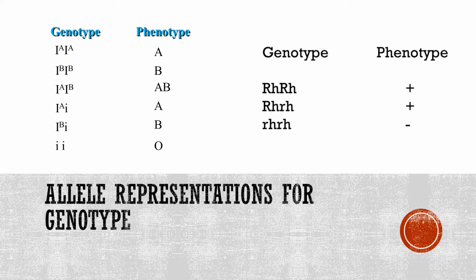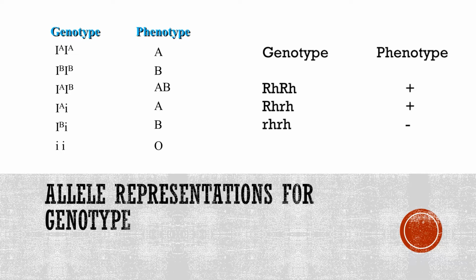For the rhesus factor, two capital RHs make positive. One capital RH and a lowercase rh still make it positive, because the capital RH is completely dominant to the lowercase rh, and then two lowercase rhs make it negative.